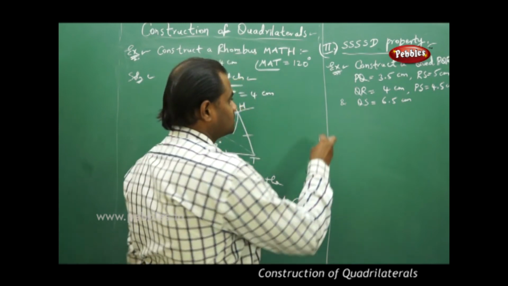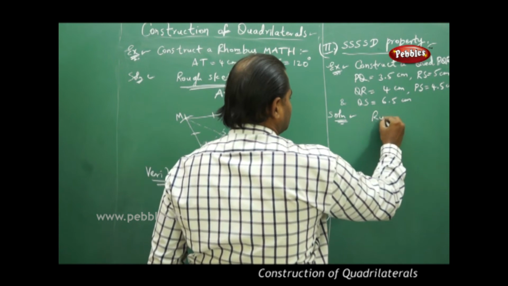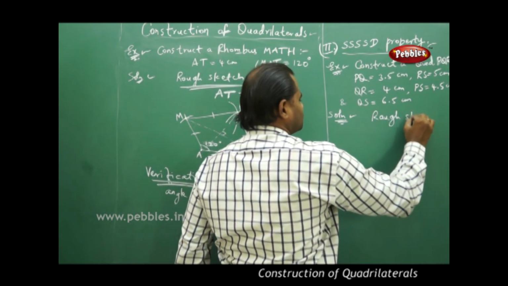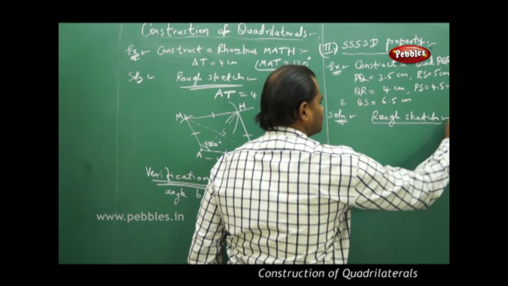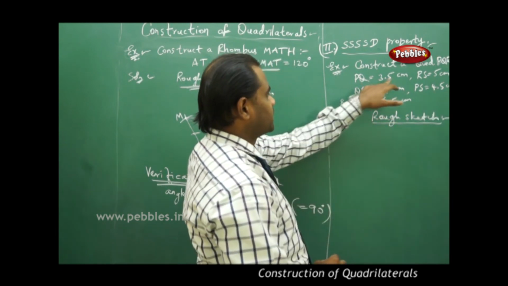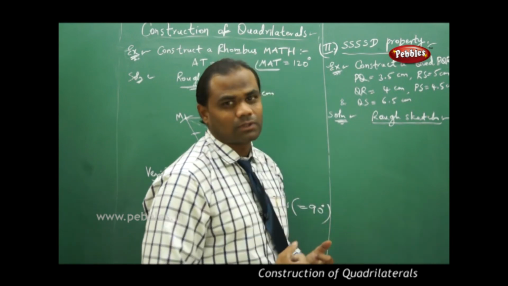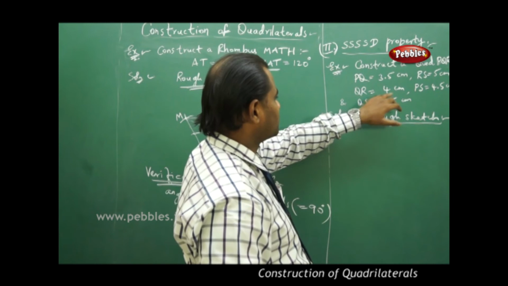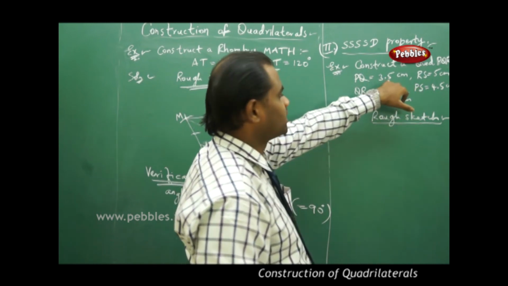So in this case, to follow with the rough sketch, I first take PQ as the base. In this case, I can take any side as the base because one of the diagonals can be constructed either way. Let's take PQ as the base.